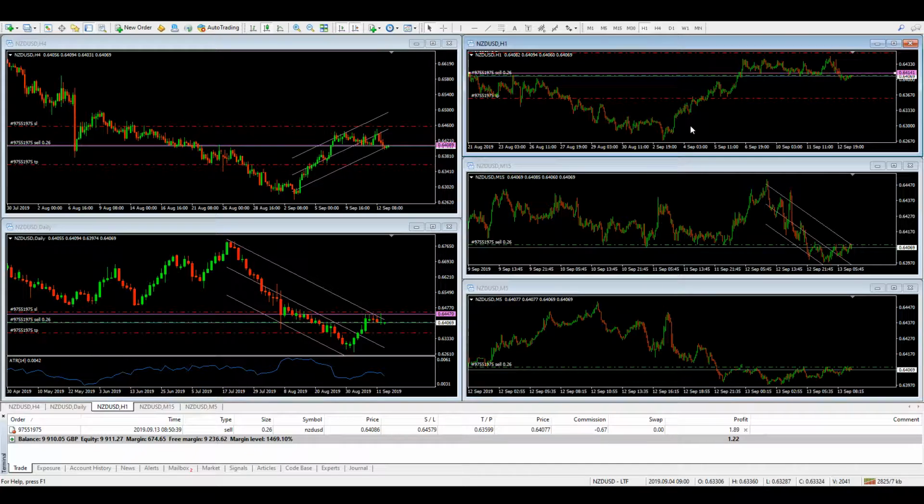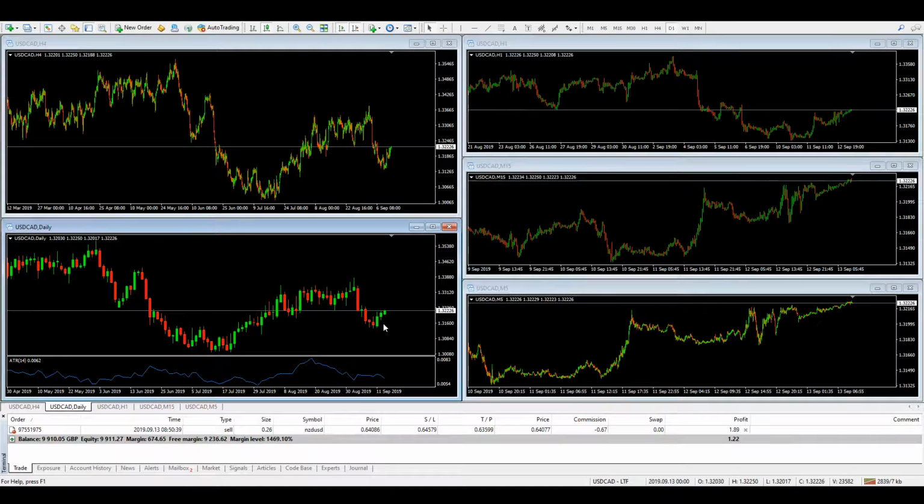So there is the carry to consider. There is a positive swap paid on this, so that means there's not a massive charge for being short in this for a while, but we'll see how this plays out. I will get back to you in the next week as to how that develops.